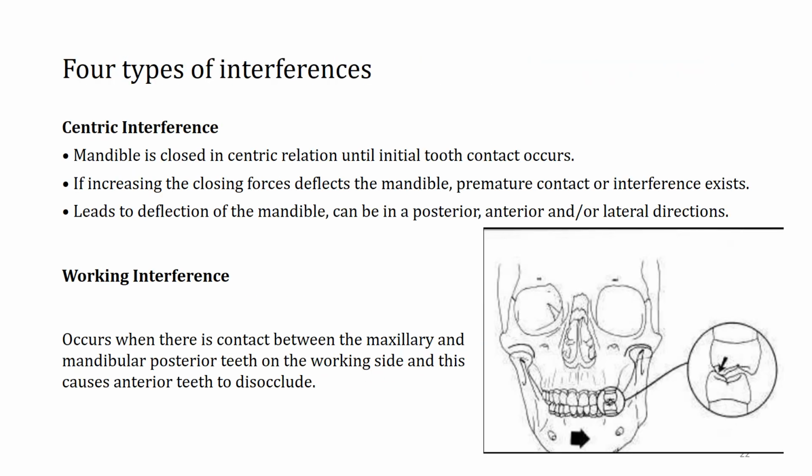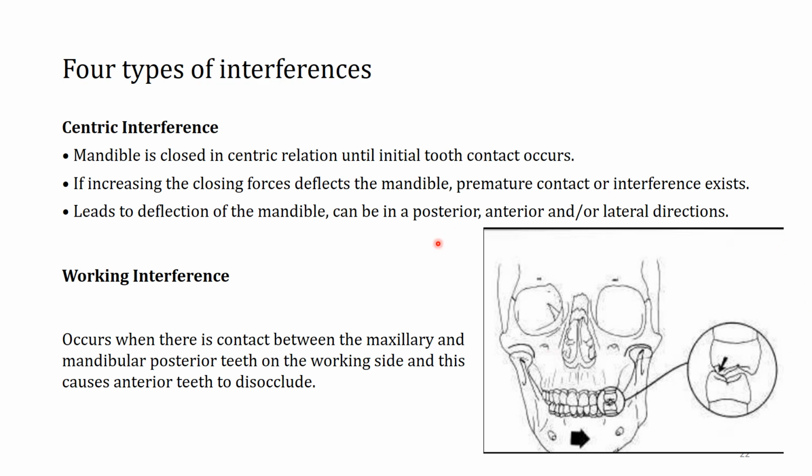Coming to four types of interferences, which are centric interference, working interference, non-working interference, and protrusive interference. We'll be looking at centric first. Centric interference is when the mandible closes in a certain way because the force is prematurely contacted.